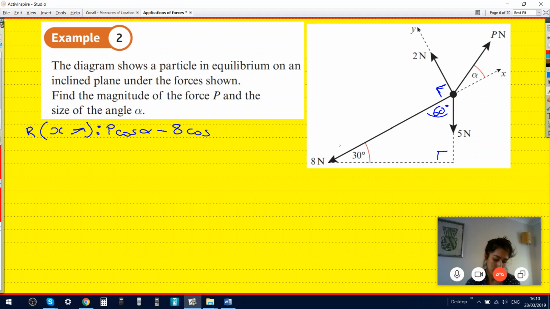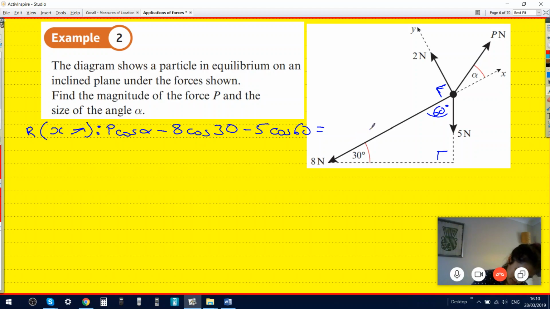So minus 5 cos 60, equals 0. I thought this was all wrong, but okay.